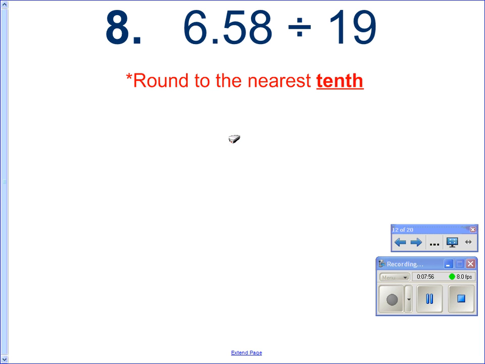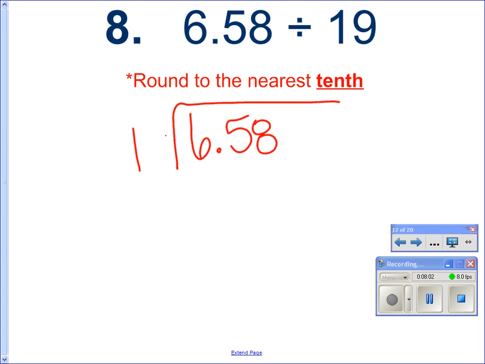Okay, this next problem, you have 6 and 58/100 divided by 19. Bring your decimal straight up. 19 cannot go into 6.